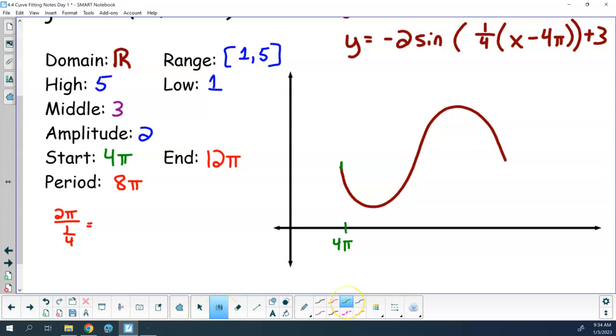So this would be 4 pi. This out here would be 12 pi. Halfway would be 8 pi. Half of the right half, half of the left half. 6 pi there. And what over here? 10 pi. But you said 6 instead.